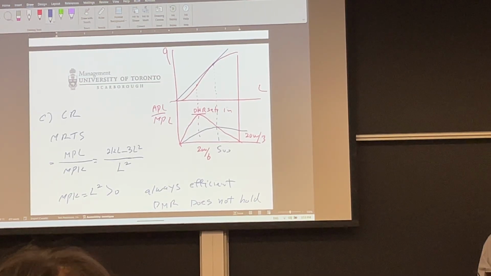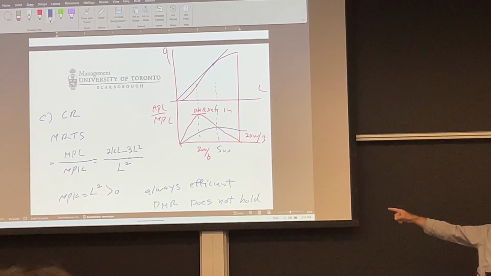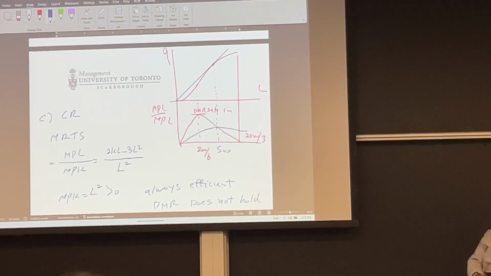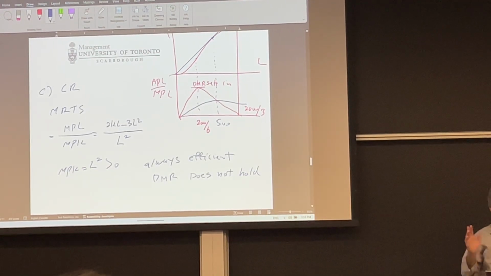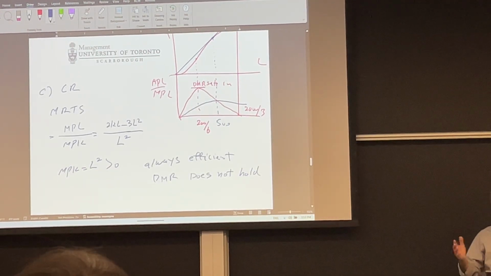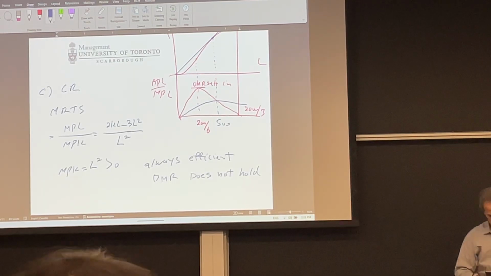The DMR does not hold. If you increase the capital, no matter how much you use, that's how much it returns. It doesn't fall, right? It's constant. DMR does not hold for capital. DMR is not required, so we're fine with that. It's just typical, right? It's fine. Nothing wrong there.